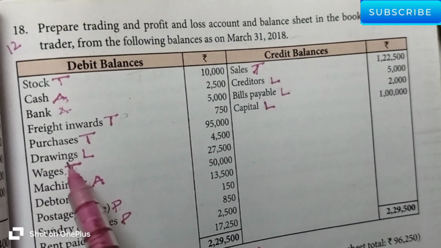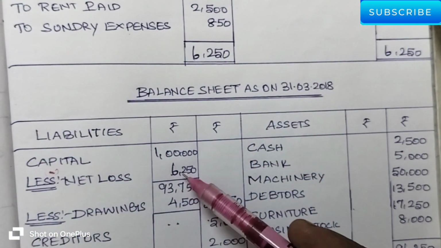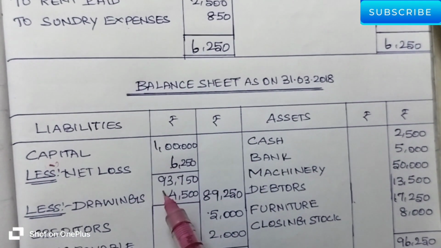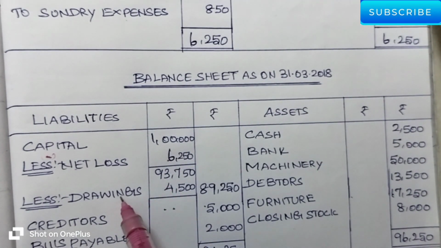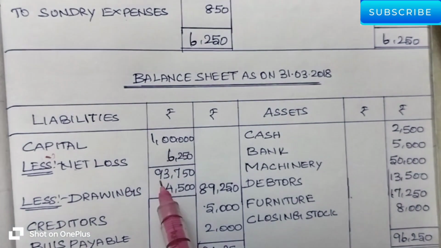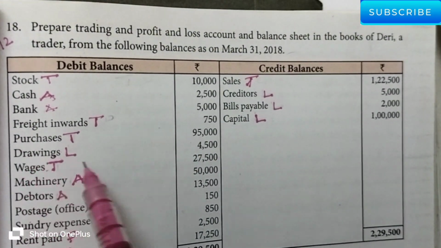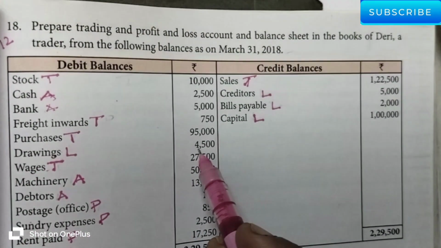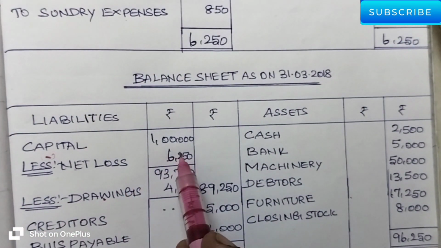If they give drawings, listen, where they give drawings: after the calculation of the capital, you have to enter the total in the same inner amount column, because you have to make an adjustment to the capital with the drawings. So how much are the drawings? The drawings are 4,500 rupees. We have to subtract the drawings from the capital account.